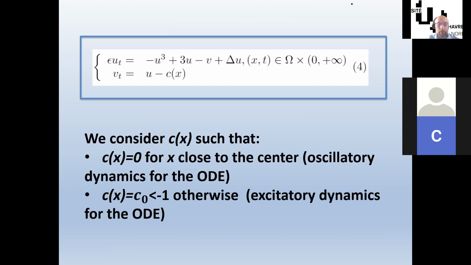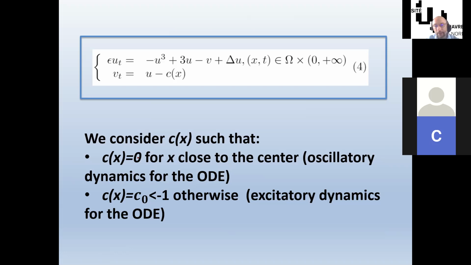But for example, let's say I'm in R2, I will take C, which is 0 at the center. So for C equals 0 for the ODE, we have a limit cycle. So we have periodic solutions that attract all the initial conditions.